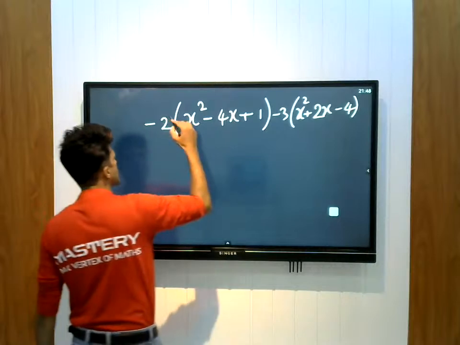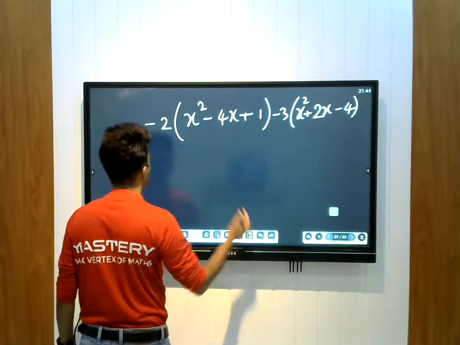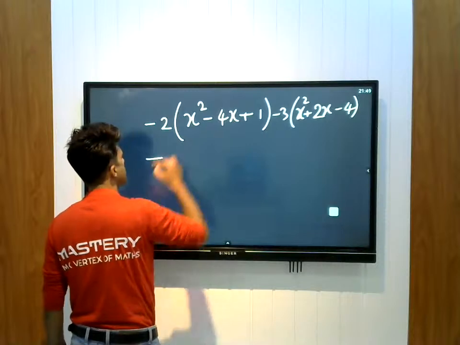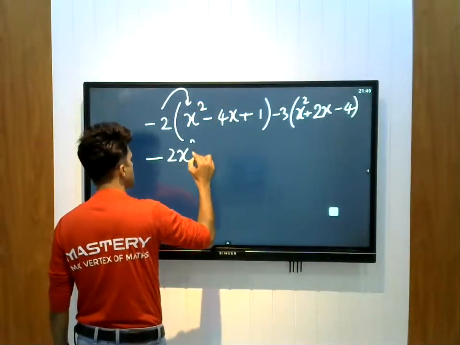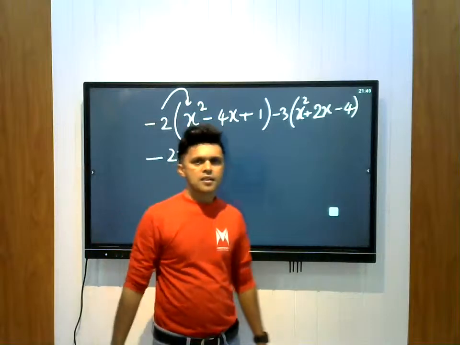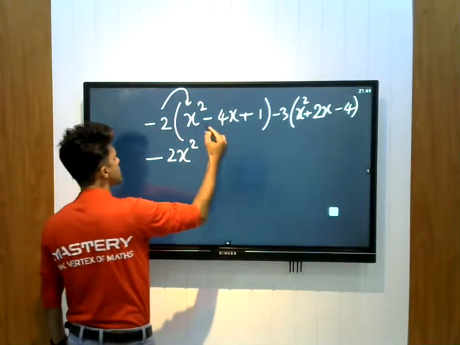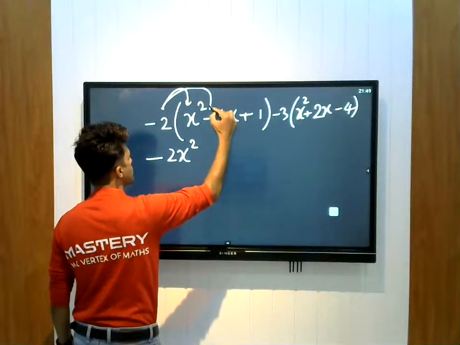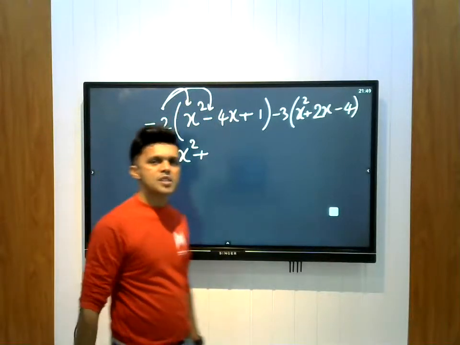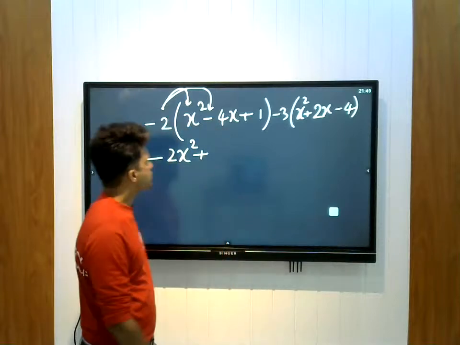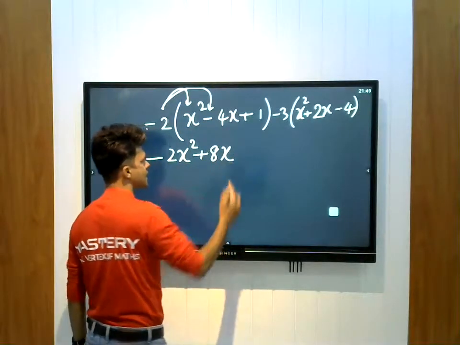Let's remove the brackets. Here minus, here plus. So minus into plus is minus. 2 into x squared is 2x squared. Minus 2x squared. So this one, here minus, here minus. Minus into minus is plus. 2 times 4 is 8, 8x.